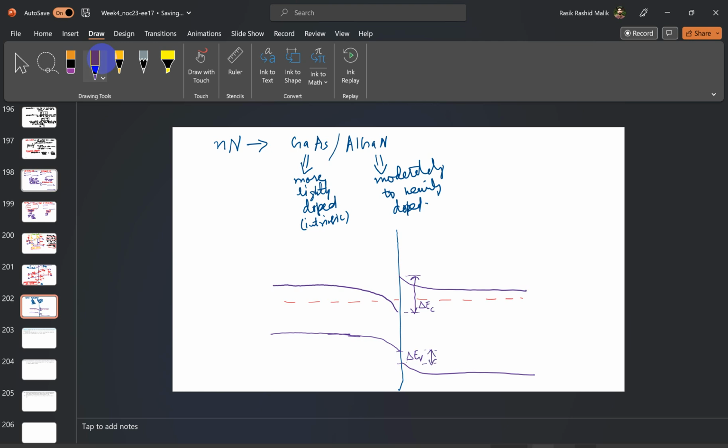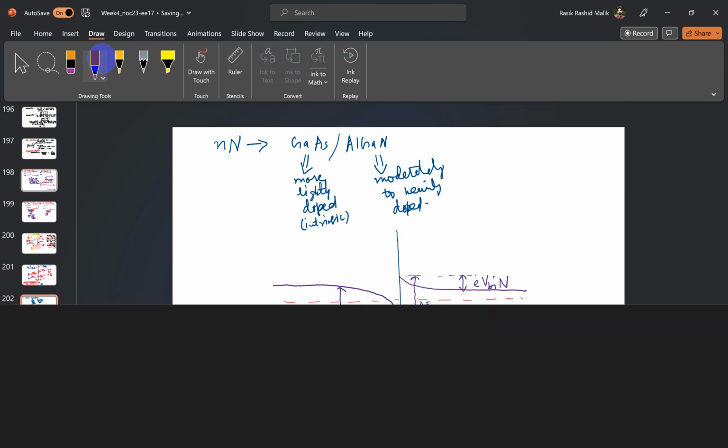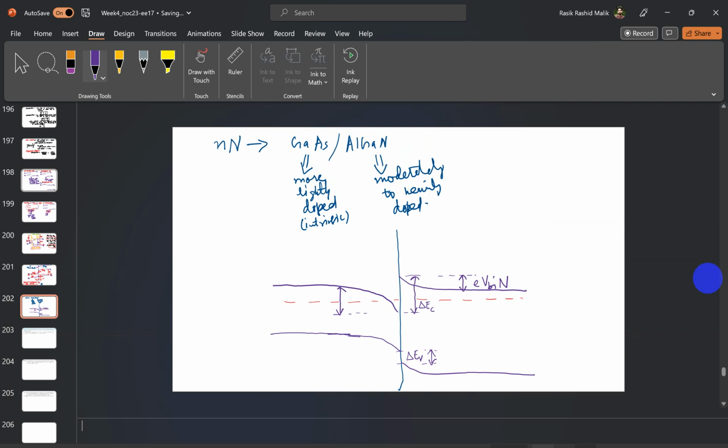Okay, and this is my bending VBI on the capital N side, the wider band gap side, and this is the corresponding bending on the lower band gap side. And the rest is the same.